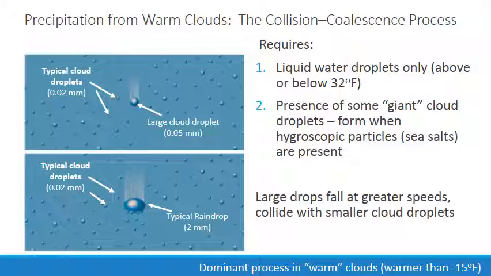As raindrops grow in size, their fall velocity increases. And that in turn increases the frictional resistance to the air, which causes the drop's bottom to flatten out.